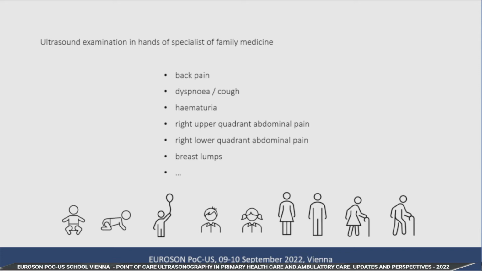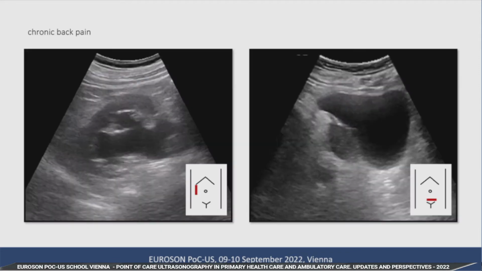Back pain: we know that the most common reason for back pain is spine problems and musculoskeletal problems. But even if somebody has a pain connected with spine problems, if the pain is changing, has a different character, let's put a probe on the kidney.